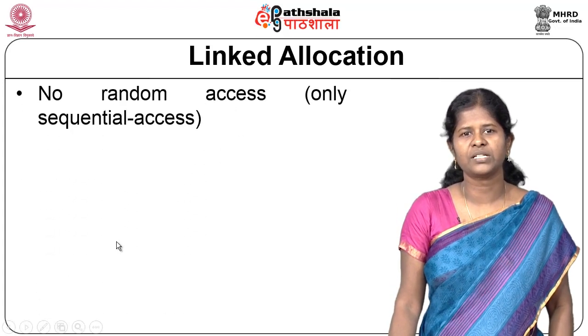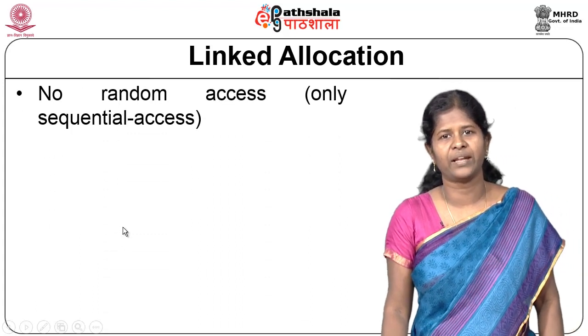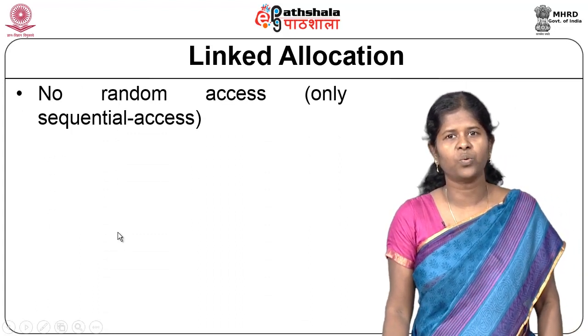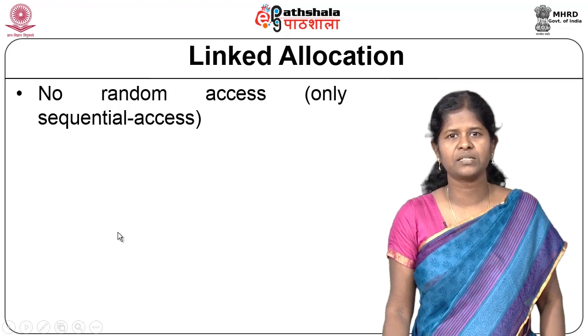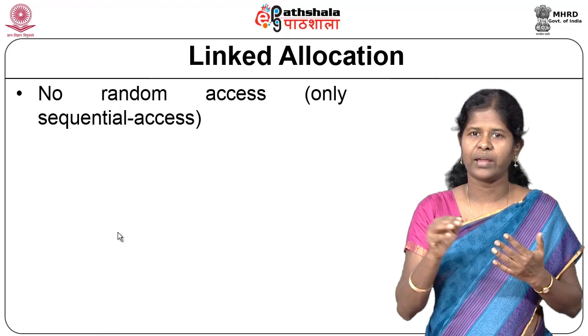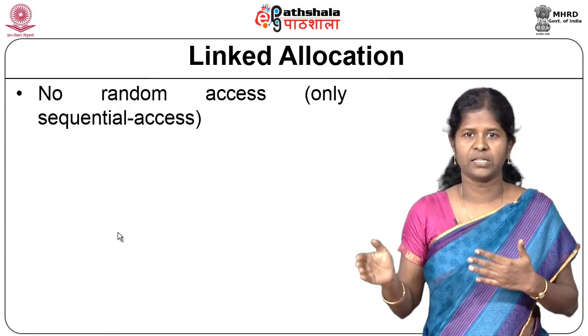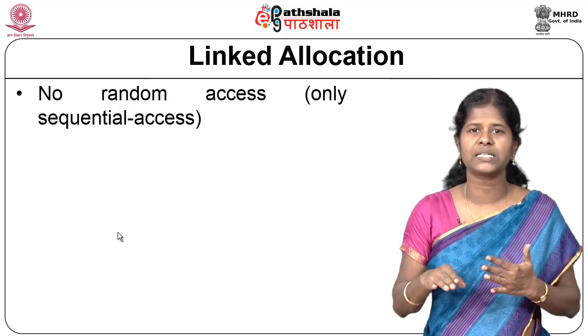The disadvantages here: the first one is that there is no random access. You can only do sequential access in this case, that is, from the directory entry you have a pointer to the first disk block, and only after moving to the first disk block you can move to the second disk block, and so on. So, only sequential access is possible.